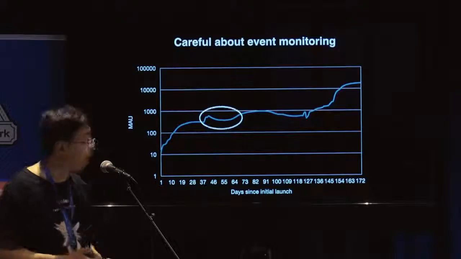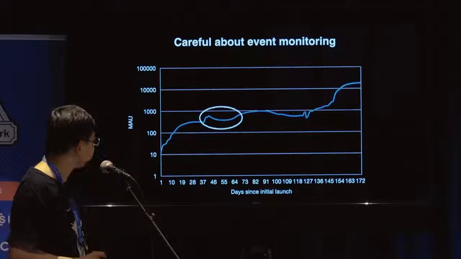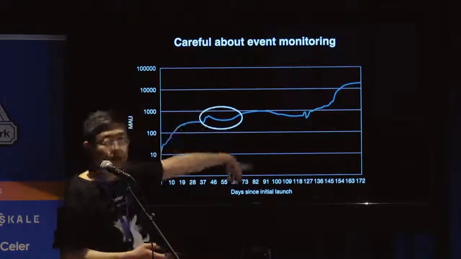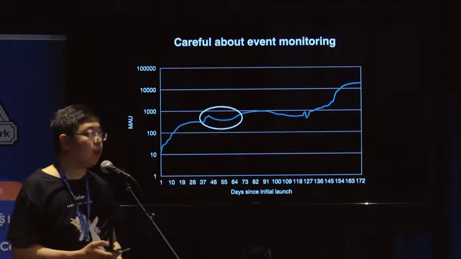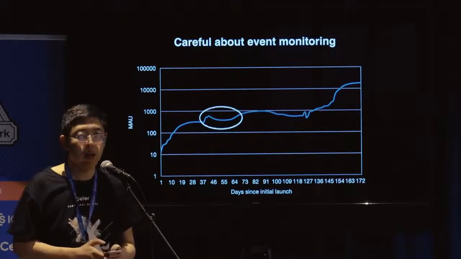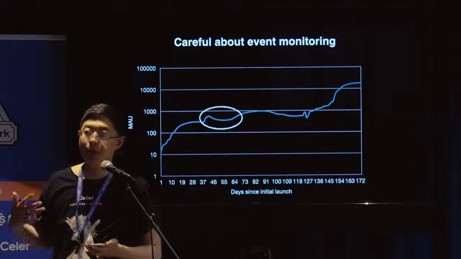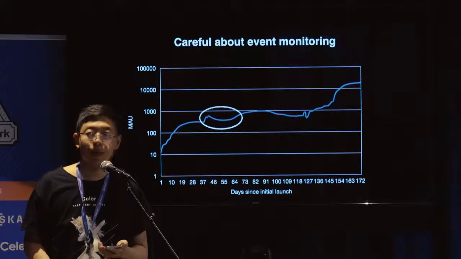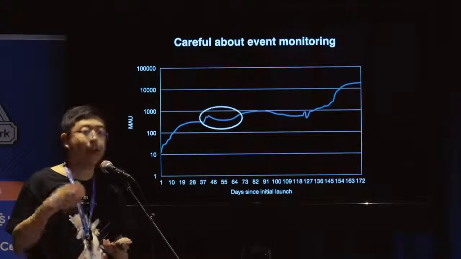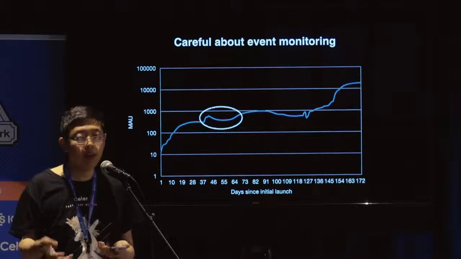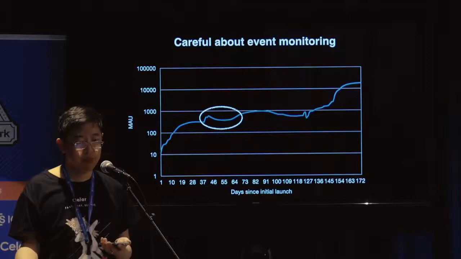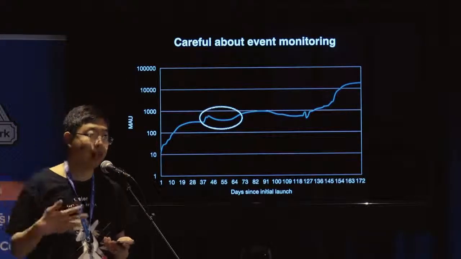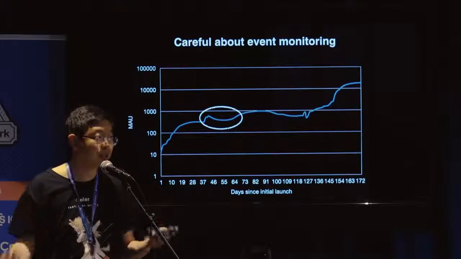So what happened to some of these bumps? What happened to this user drop? This user drop mainly happened because, in the beginning of the development, we relied heavily on event monitoring. For example, you open a channel on chain, and we monitor the channel-opened event, and when the event happens, the SDK says the channel is successfully opened.